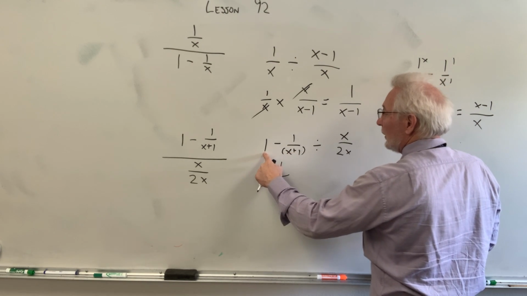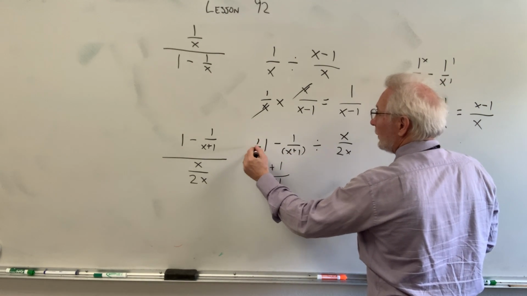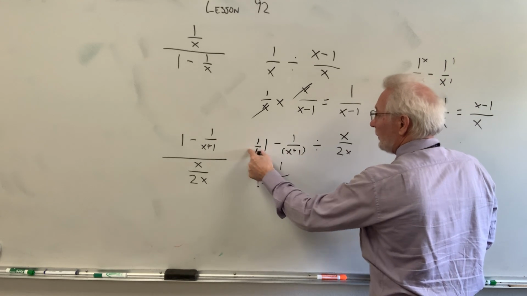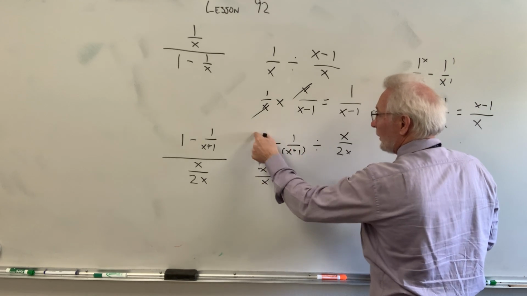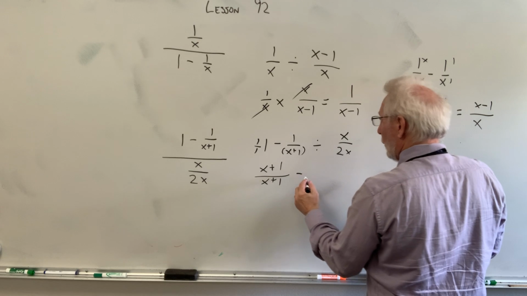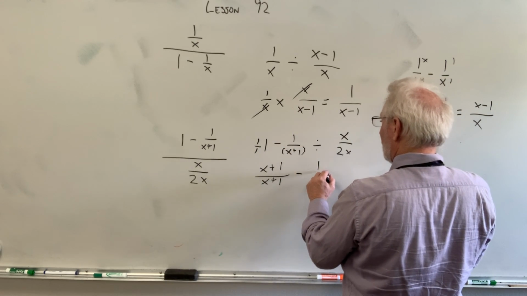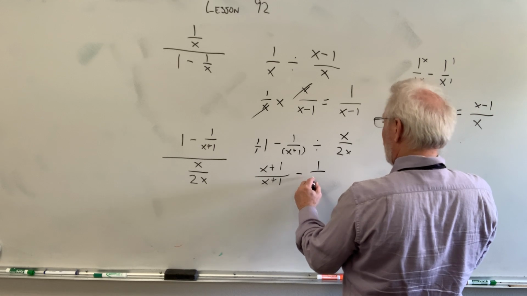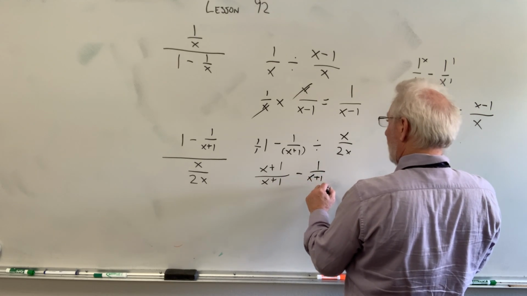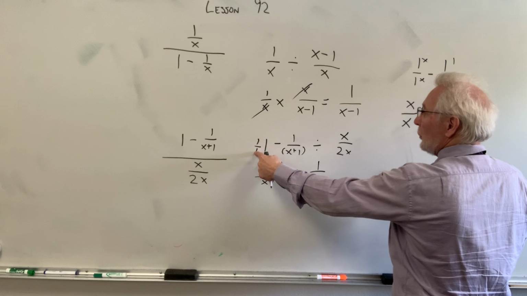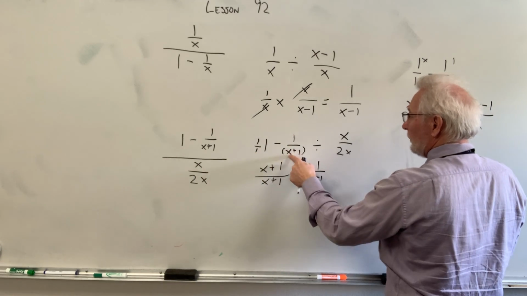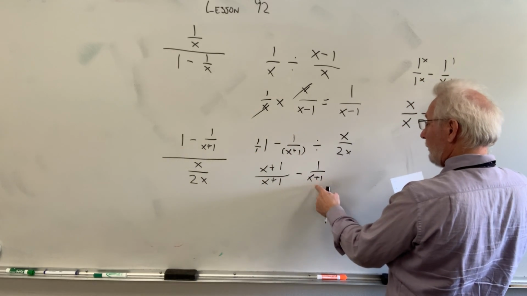I multiply this times 1 over 1. Everybody with me? This times this gives me this, and this times this gives me that. And then over here, I multiply 1 times each of these, so I'm going to get 1 over x plus 1, because 1 times 1 is 1, and 1 times x plus 1 is still x plus 1.